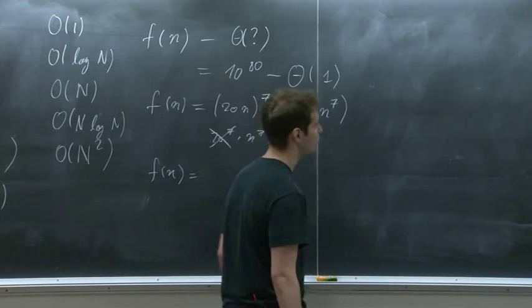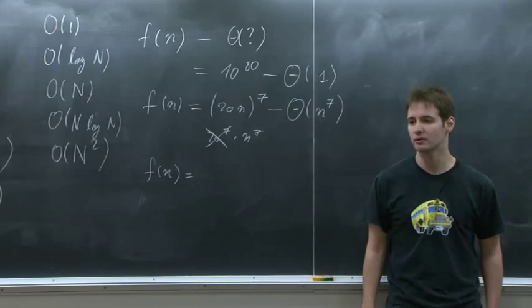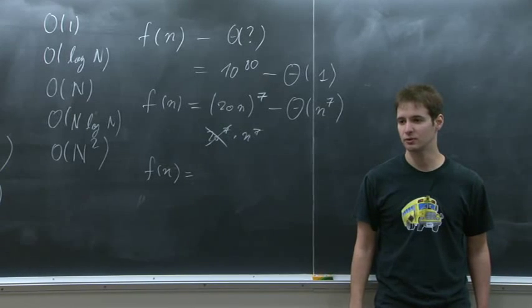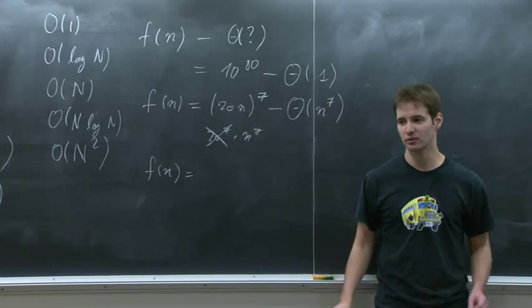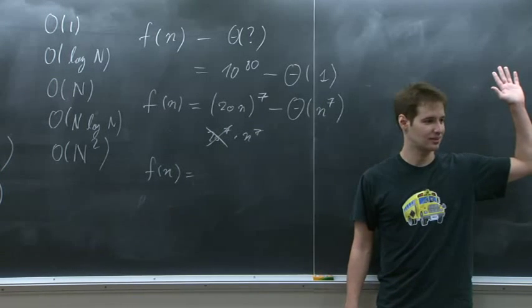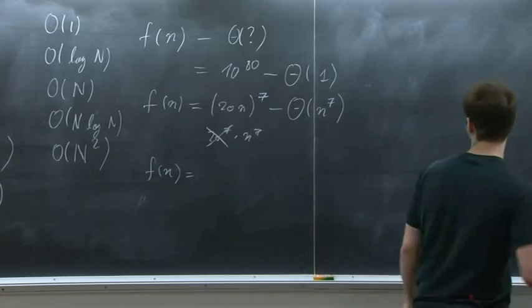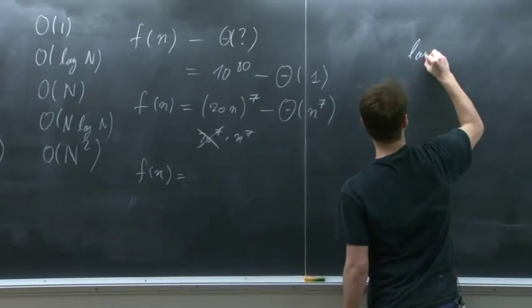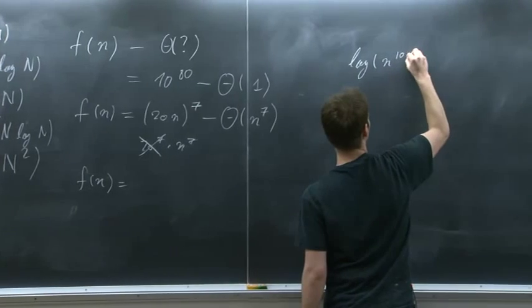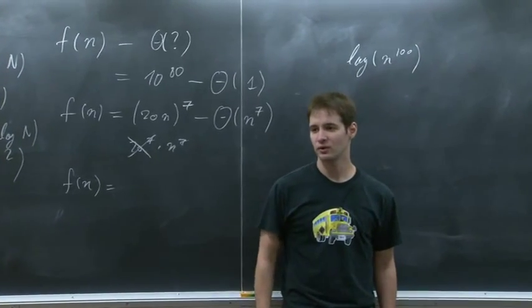Okay. And before I do another one, I want to give you guys some help and remind you about logs. How many people remember the laws of working with logs from algebra or some math class? All right, you guys will be helping me write them for everyone else. So if I have log of n to the 100, and I want to get to the theta notation for it, what is it and why?